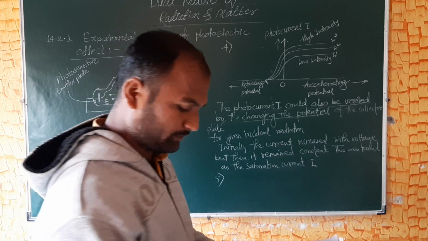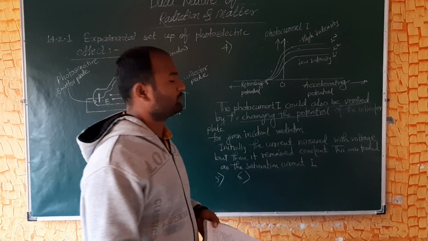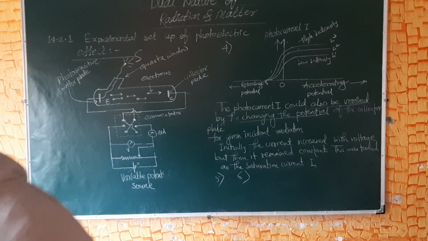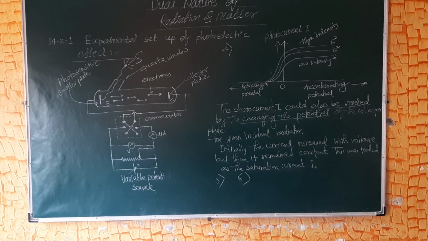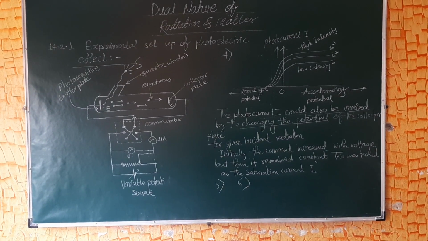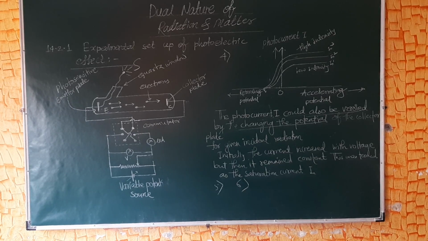Next, sixth observation. The maximum kinetic energy of the electrons depends on the potential V for a given metal used for the emitter plate and for a given frequency of incident radiations.